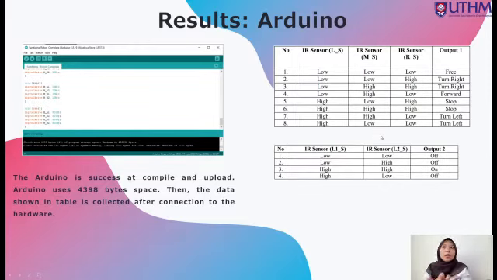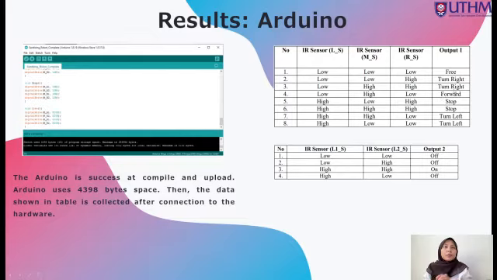So at above, which is this table, this is for the line following mode. So we use 3 sensors, which are the left sensor, middle sensor, and right sensor. When the middle sensor is high and the left and right sensors are low, the robot will go forward.